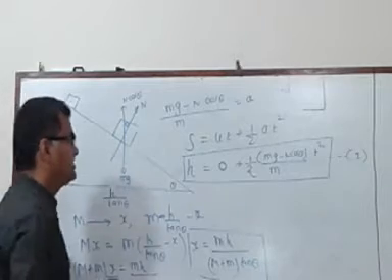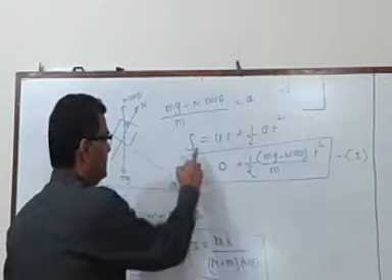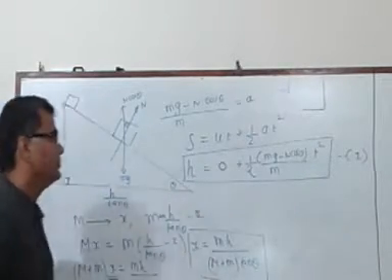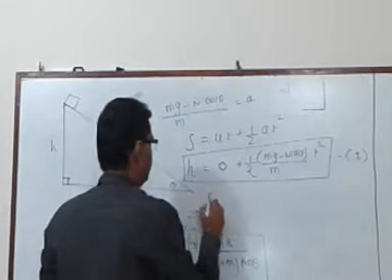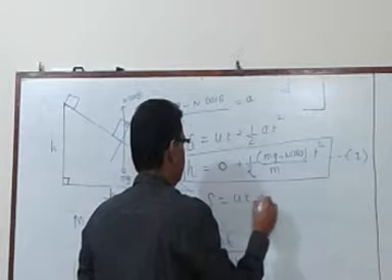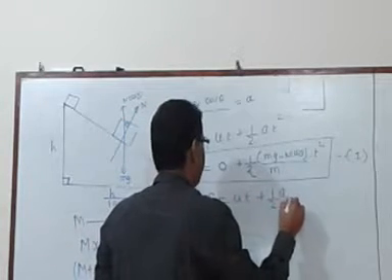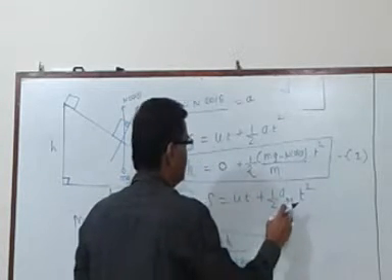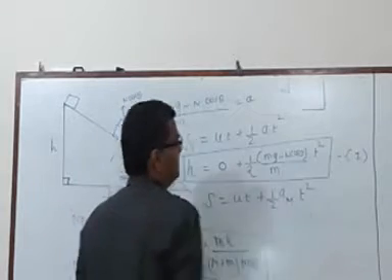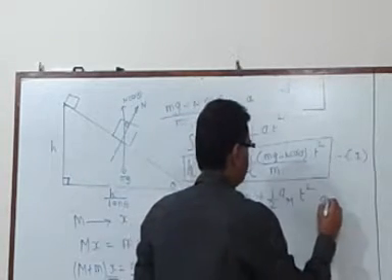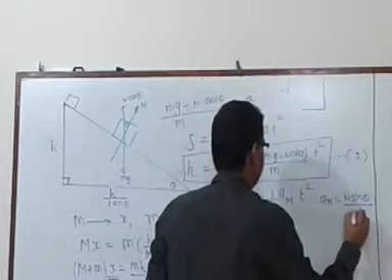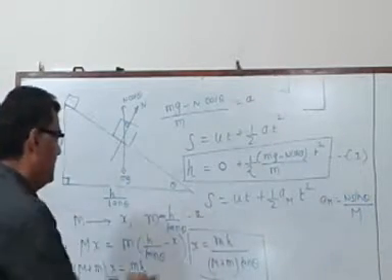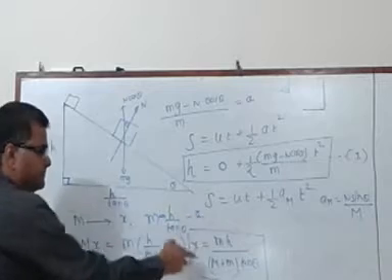Again, I will use the equation in this format, that is S equal to ut plus half kt square. If I use it here, S is equal to ut plus half a_M into t square. Please recall that a_M was N sin theta upon capital M, and x is this distance.